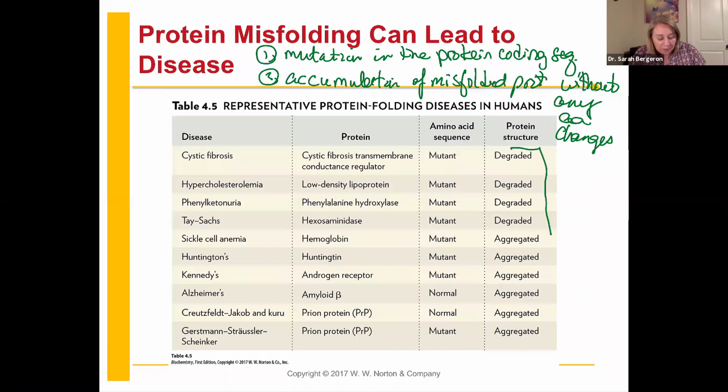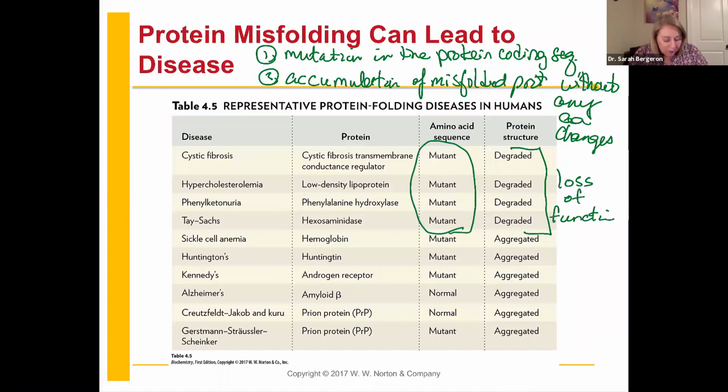And so if you have that amino acid sequence and it becomes mutant, there are two things that can happen, right? So any of these disorders listed, we have an amino acid sequence that is mutated. And so a lot of times what happens is that because it is mutated, then that protein becomes degraded. And so you end up with a loss of function, right?